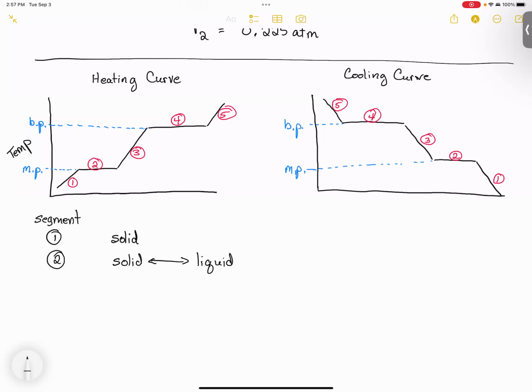But the liquid molecules, as they're moving around and bouncing off of one another, they lose energy. And so they wind up depositing right back on the solid. So this process is at equilibrium between the two.